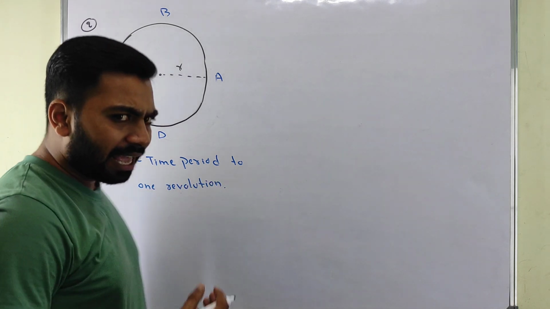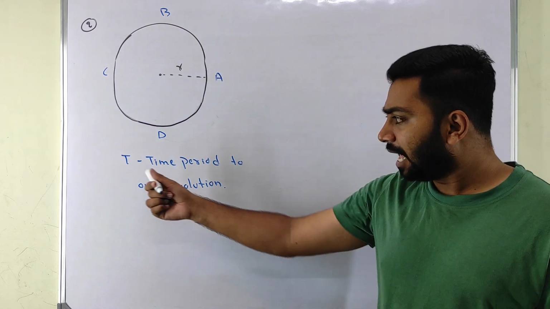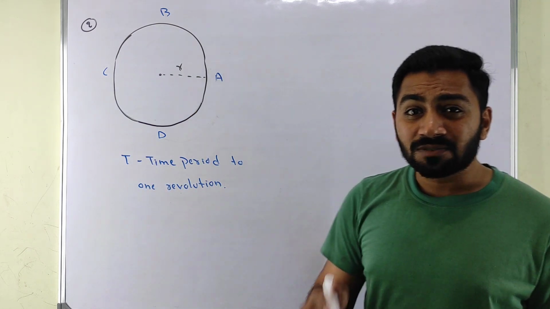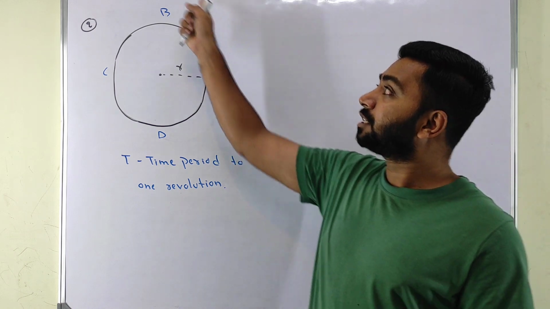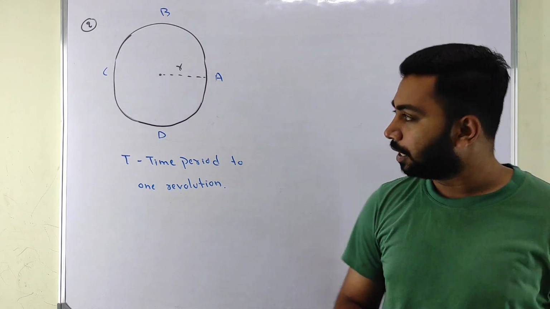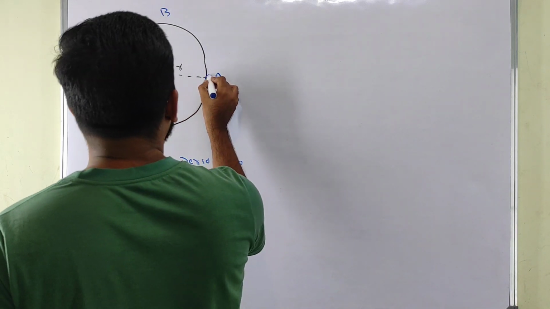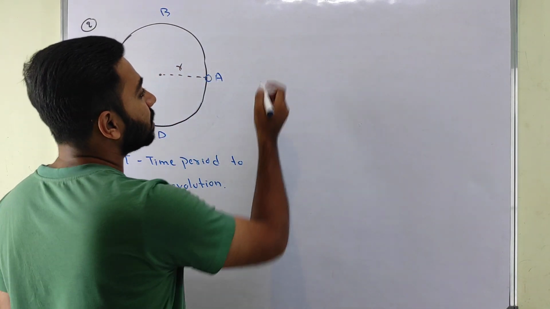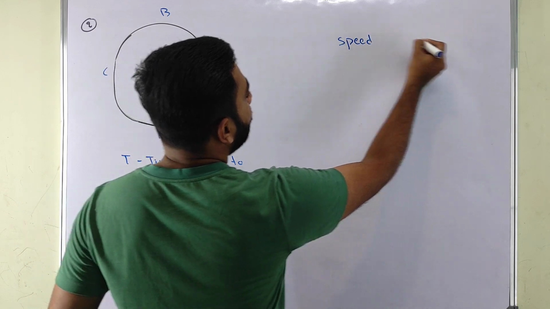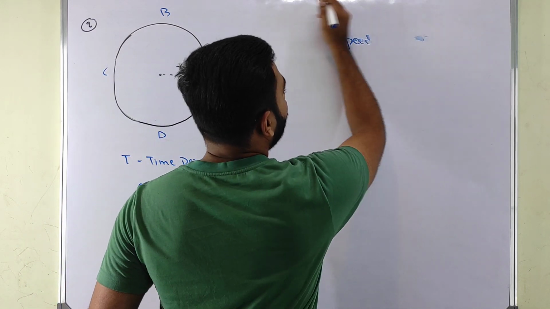It depends, they can give this T as 2T, 10T, 20T, 30T. But for our reference, we are taking that this particle will travel one circle, it will take time T. Fine. Now, let us go for speed and velocity.